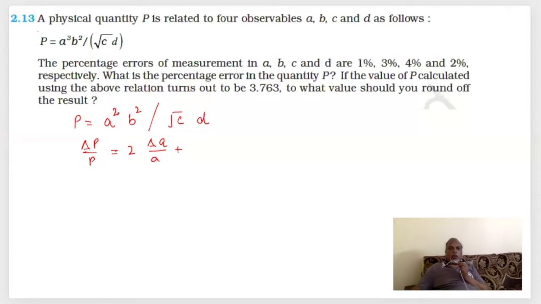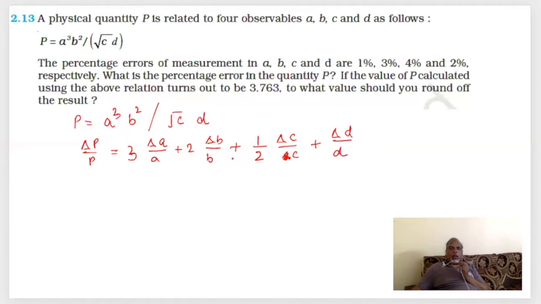It is basically 3, so it will be 3, and for C, the power of C is half, so it will be half. Plus delta.